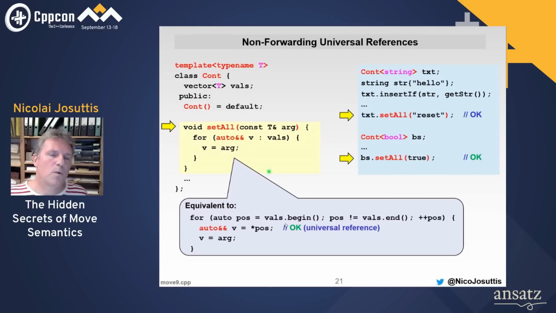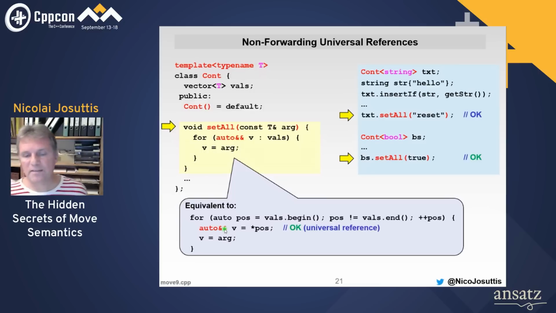So now we have here an auto&&, and that's okay, because a universal reference, that's where the name comes from, universally binds to everything, to all objects of all value categories, even to temporary objects.